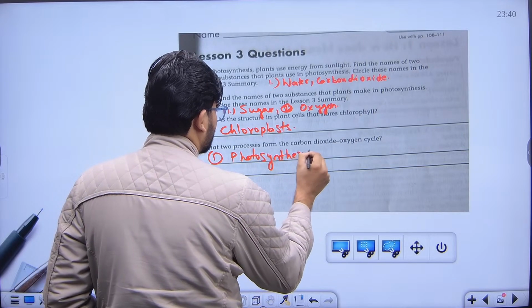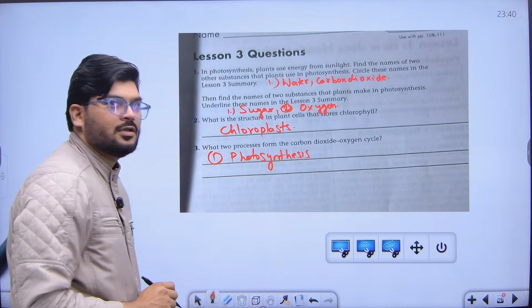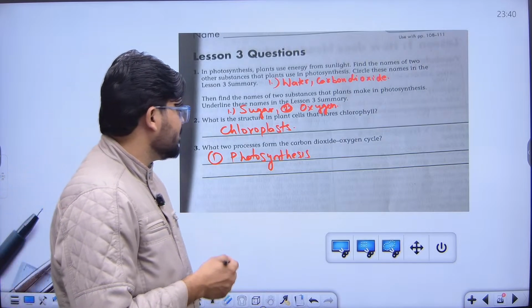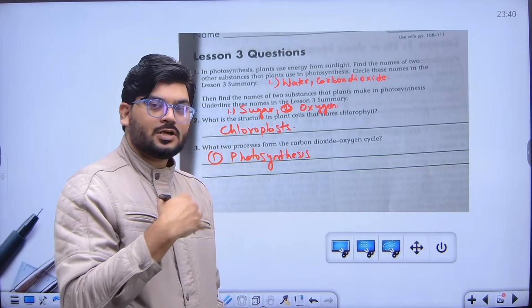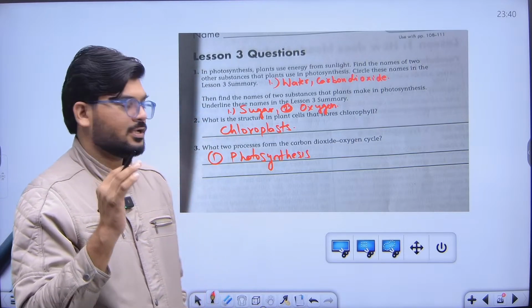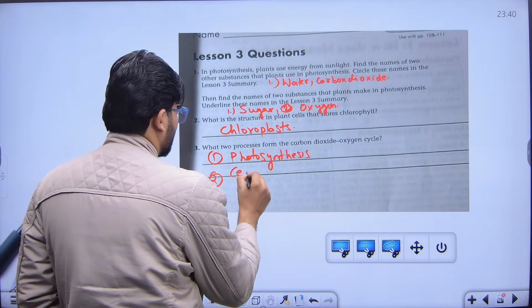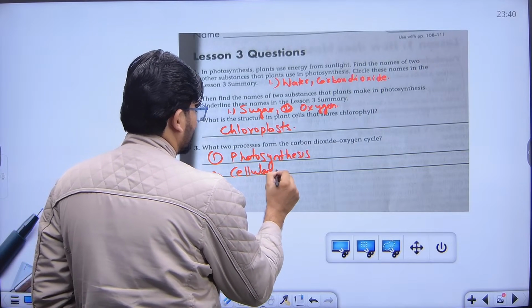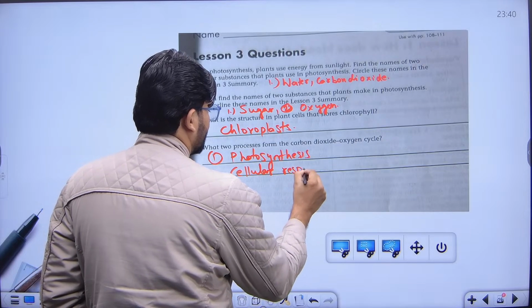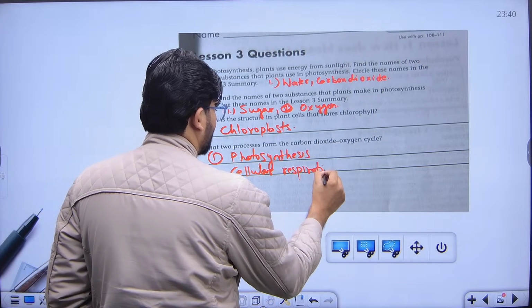Photo means light. With the help of the light, the plant makes food, taking in carbon dioxide and releasing oxygen. And then we have cellular respiration. The cell is respiring. So cellular respiration, that is how we breathe.